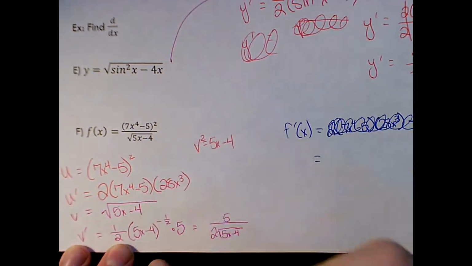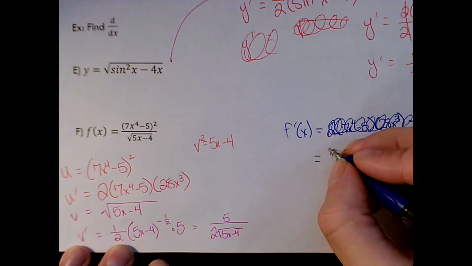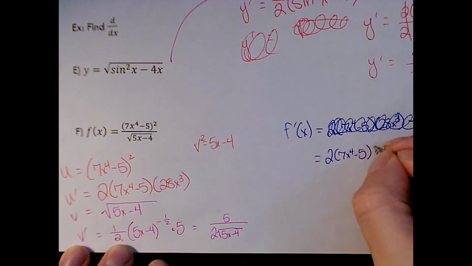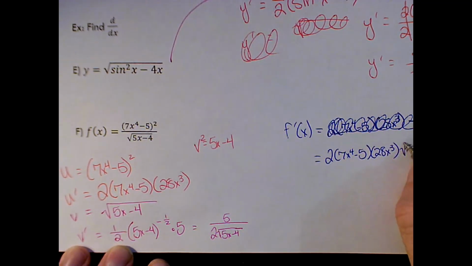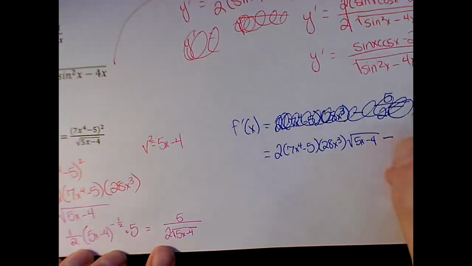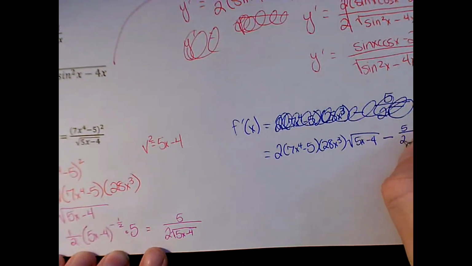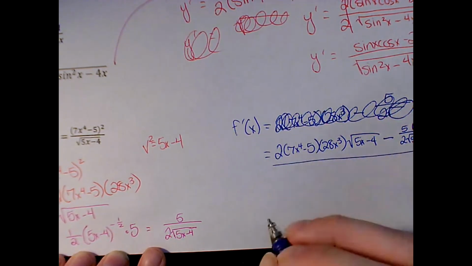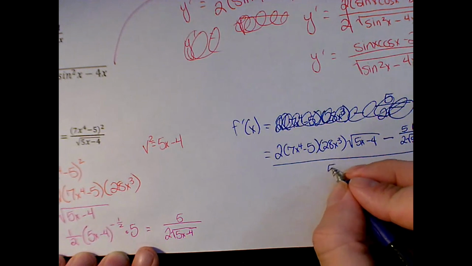All right, u prime v. So u prime is going to be 2 times 7x to the 4th minus 5 times 28x to the 3rd, v, which is root 5x minus 4, minus v prime, which is 5 over 2 root 5x minus 4, u, which I could put up here, is 7x to the 4th minus 5 squared, all over v squared, which is 5x minus 4.